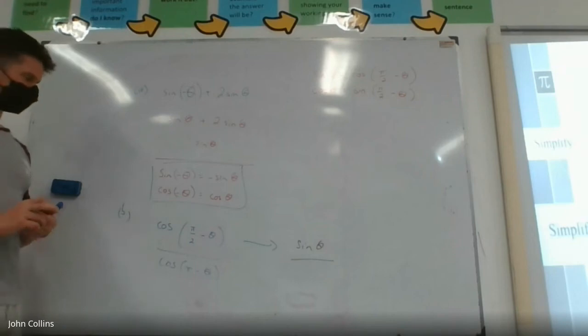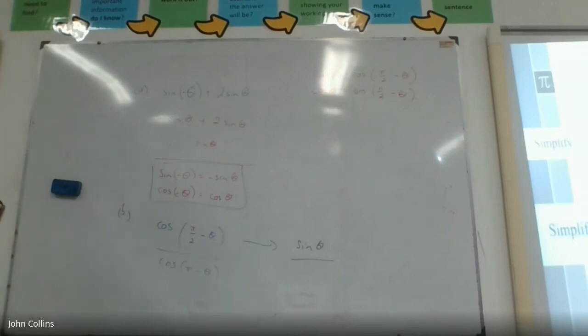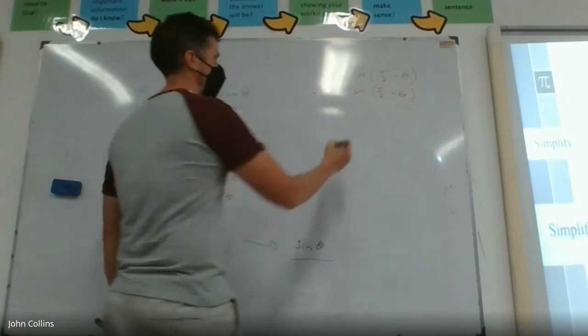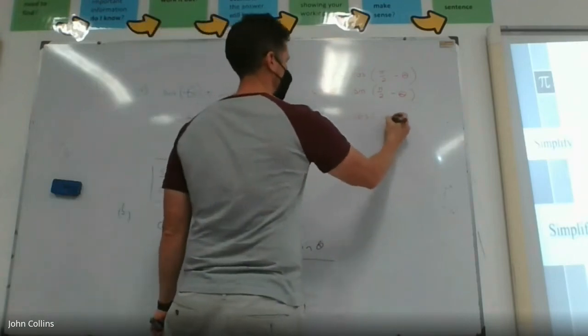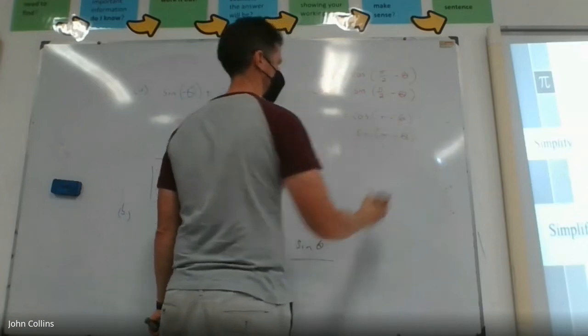What about 180 degrees or pi take away theta? These are the final two that we're trying to create. What happens when I do cosine of pi minus theta and sine of pi minus theta?